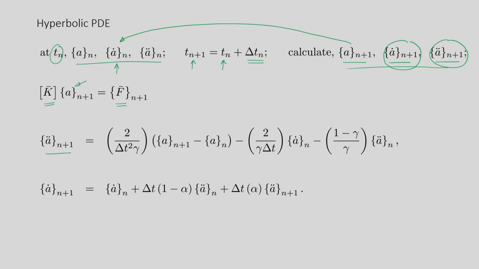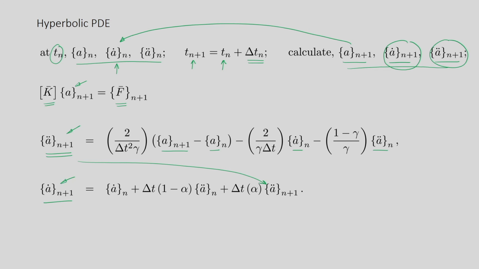We will make use of those expressions that we described in equation A and B. We wrote the acceleration at n plus 1 in terms of displacement at n plus 1 and displacement, velocity and acceleration at time instant n. So, we will make use of this equation to find out the acceleration at n plus 1, and that we will substitute here to obtain the velocity at n plus 1.